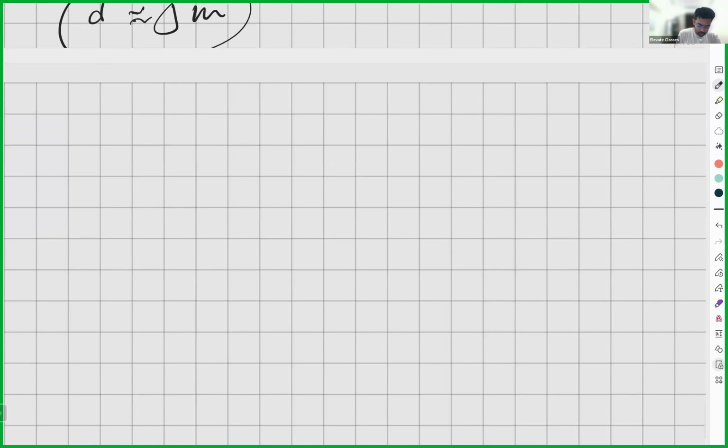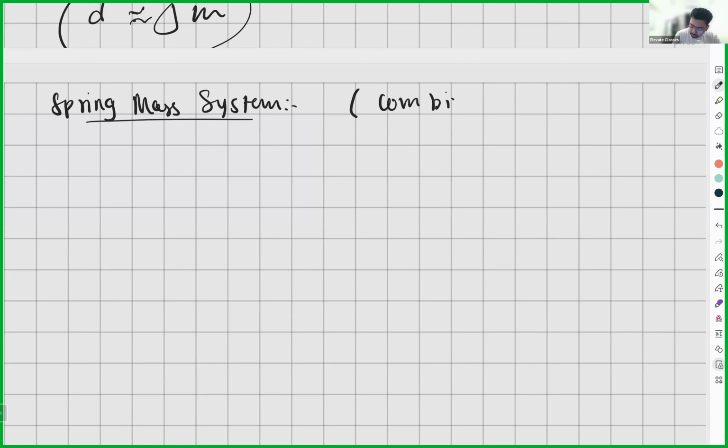Now, in the spring mass system, you can have a combination of springs.